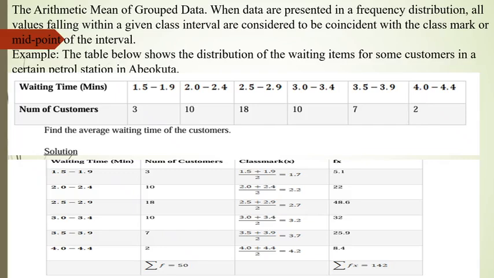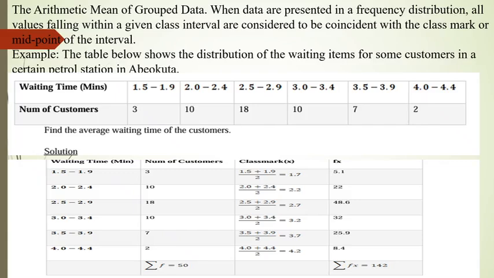So we do 2.0 plus 2.4 divided by 2, 2.5 plus 2.9 divided by 2, up till the last waiting time given, which is 4.0 plus 4.4 divided by 2, because we are adding two things together. So 1.5 plus 1.9 divided by 2 gives us 1.7. For the second waiting time, 2.2, the third 2.7, the fourth 3.2, then 3.7, and 4.2.